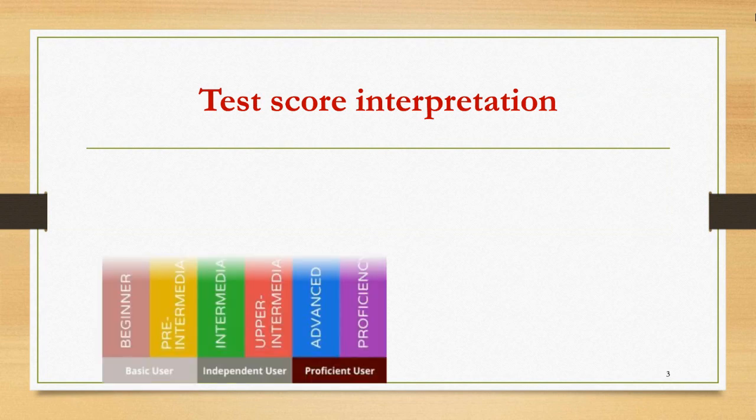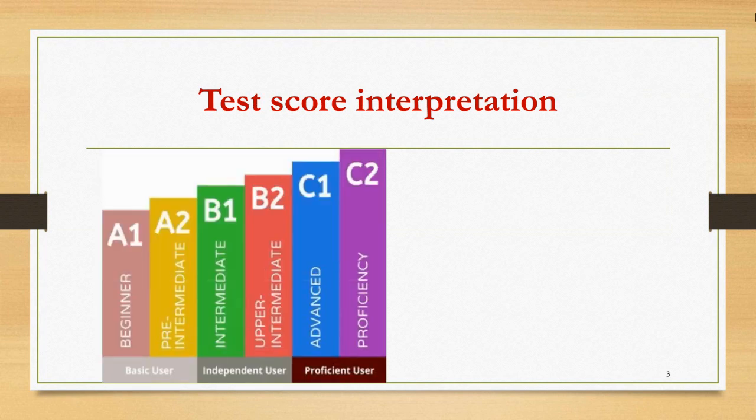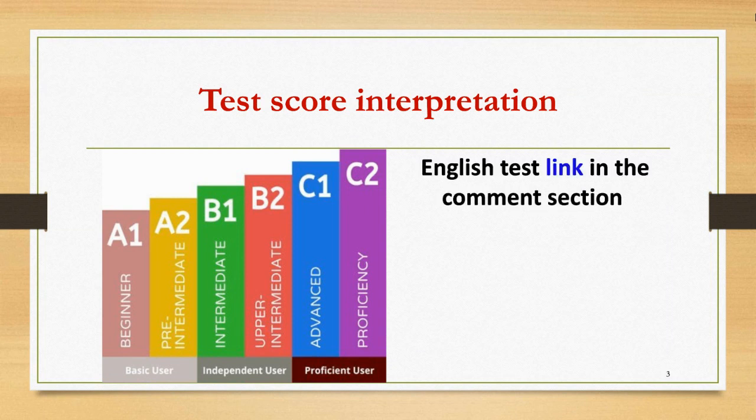In video number 1, we talked about an English evaluation test that allows you to determine your level, whether it is in A1 or A2 level for beginners, B1 or B2 for intermediate level, or C1 and C2 for the advanced levels. You will find the link for this test in the comment section.